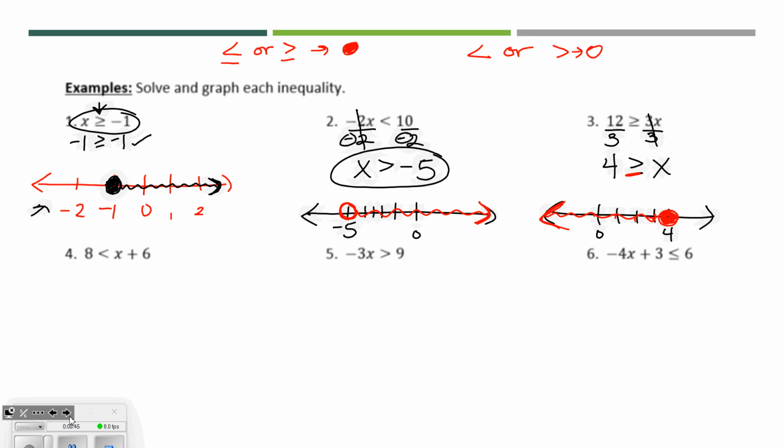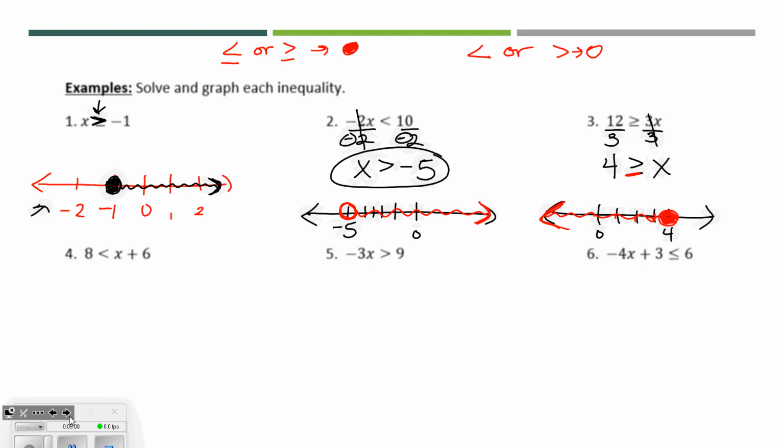Now, I want to show you something. One thing that you may have noticed, going back to number 1 and number 2, if I think about this inequality symbol right here, this is a greater than. But if you think about this as like an arrow, this is a little trick I'm about to show you.